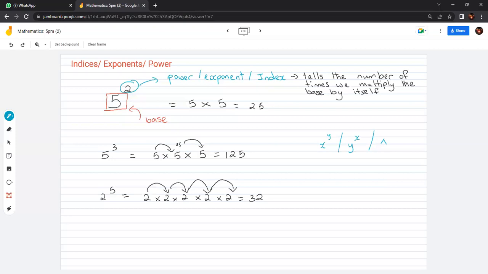But if it's painted above the button on the calculator, in order to get it you have to press shift or second function. So if you were asked to calculate or find the value of it, you can simply put in 2, then press that button and then the power, and you'll get your answer. You guys can try it.